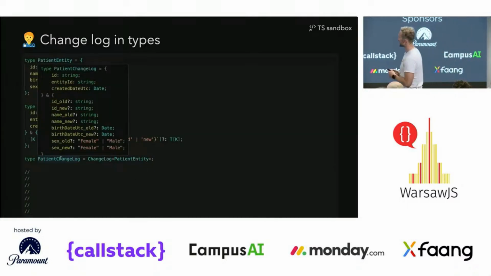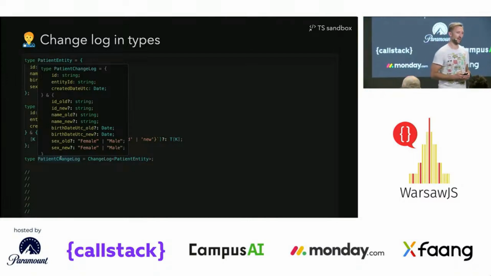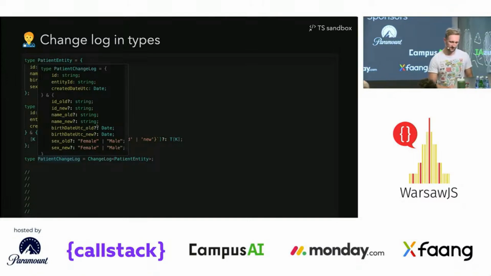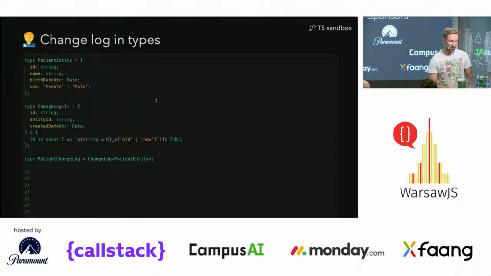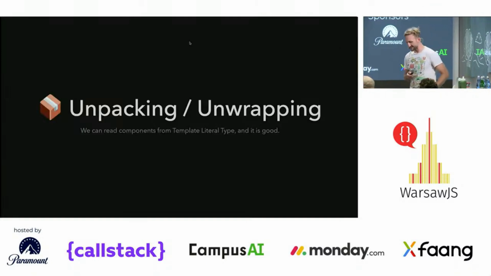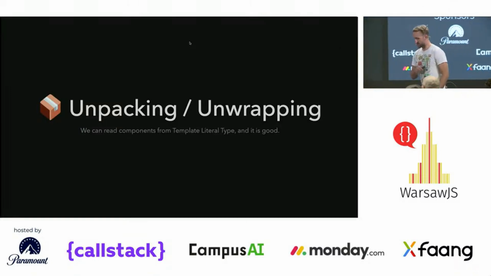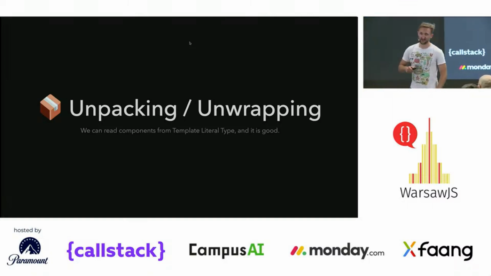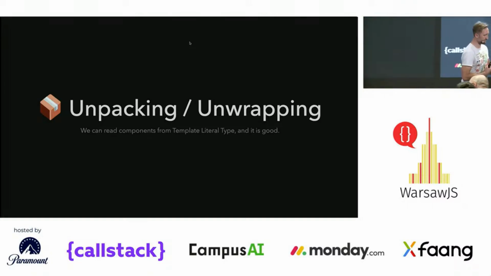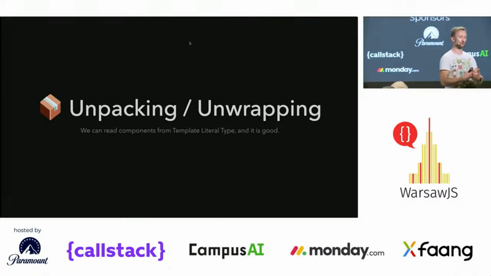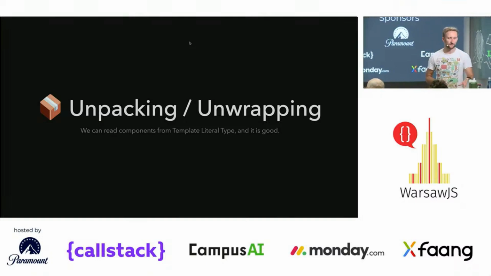It will just generate the type for me, right? So effortless. I can just do it with a small little type helper. Okay, so some time was saved. But what else can we do with the template literal types feature? We saw how to generate it, but now how to, I would call it, unpack it.